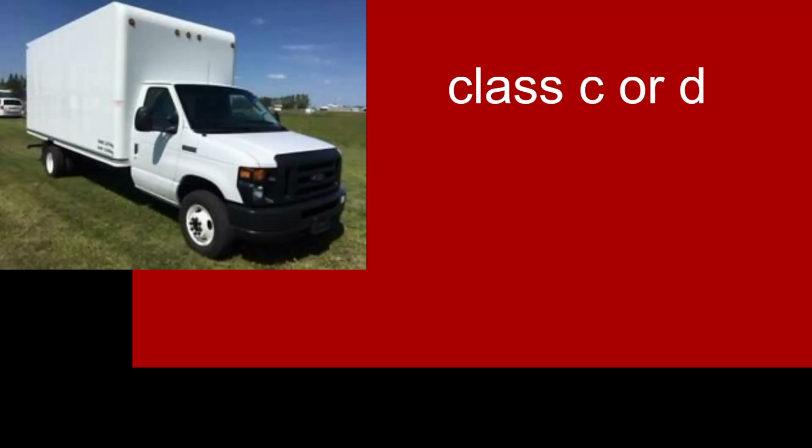But I'm going to read the description of the Class C as you take a gander at that picture and get it ingrained in your head of what Class A, B, and C trucks look like. Class C, small vehicles. Any single vehicle with a gross vehicle weight rating less than 26,001 pounds falls into this group, or any such vehicle towing another vehicle not in excess of 10,000 pounds.